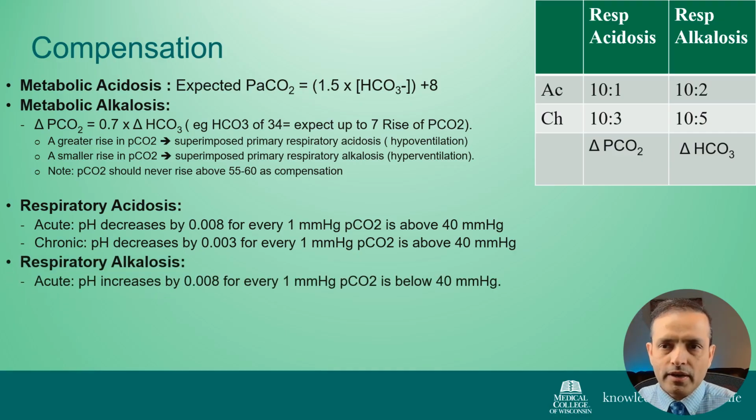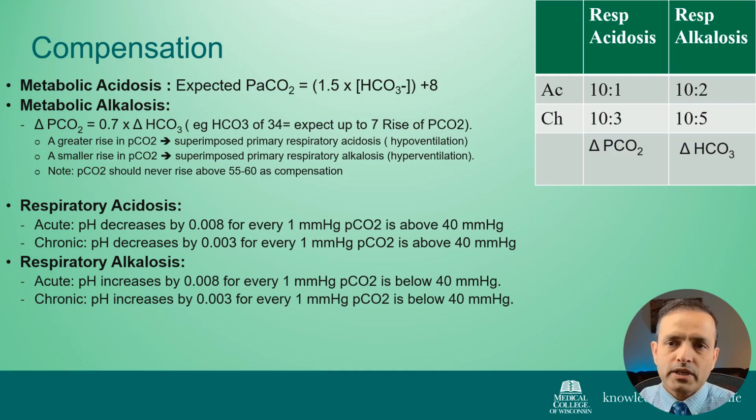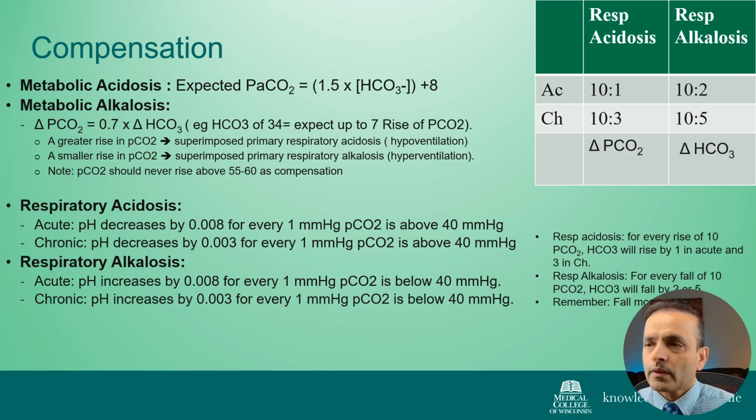So a similar formula applies for respiratory alkalosis too. I also put the formula for respiratory acidosis and respiratory alkalosis. So remember, you fall more than you rise. That's how I remember this formula.